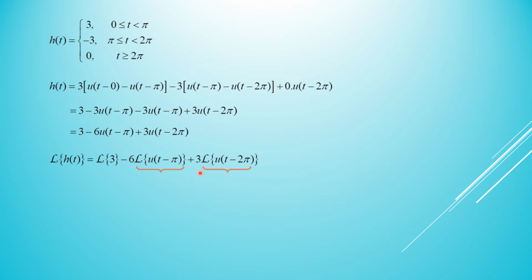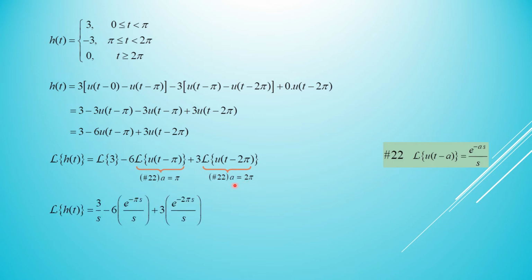So certainly we need to refer to formula number 22, where the Laplace transform of u(t minus a) is equal to e to the negative as over s. So for this part here, if we use formula number 22, we identify a as equal to pi, and for this part of the problem, a is equal to 2 pi. Also refer to formula number 22.